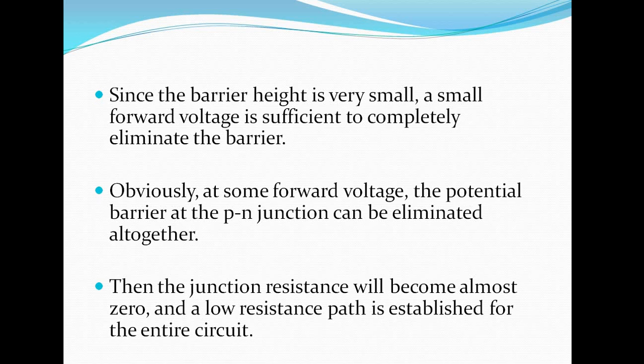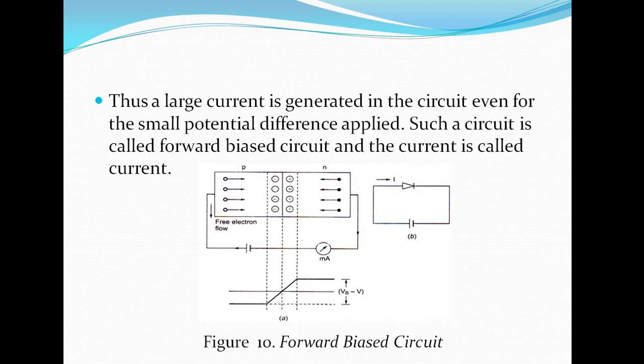Then the junction resistance becomes almost zero, and a low resistance path is established for the entire circuit. Thus, a large current is generated in the circuit even for a small applied potential difference. Such a circuit is called a forward biased circuit, and the current is called forward biased current.